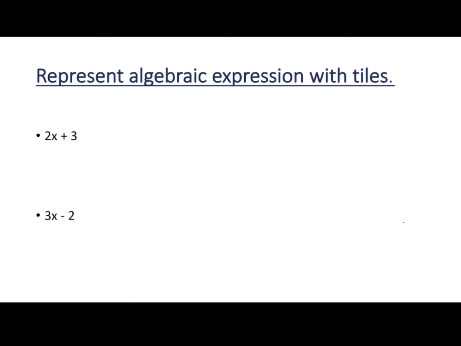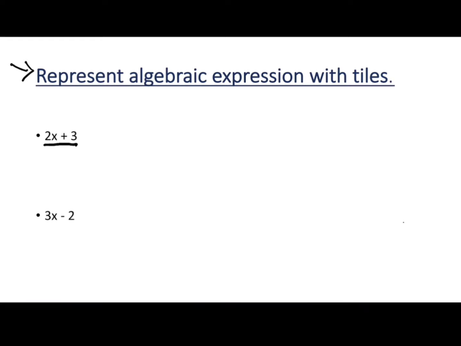Now we know how to use model for the algebraic expression with the tiles. So we are going to use this knowledge here. Represent algebraic expression with tiles. So we need to model 2x plus 3 with the tiles.